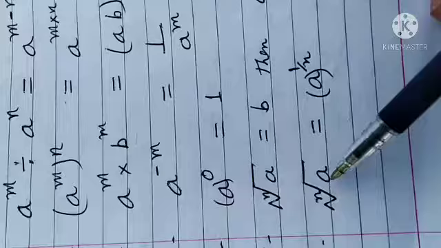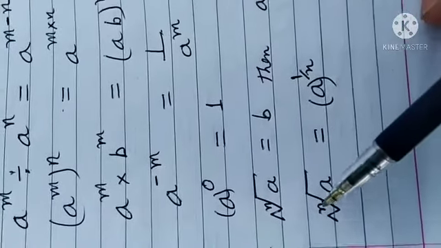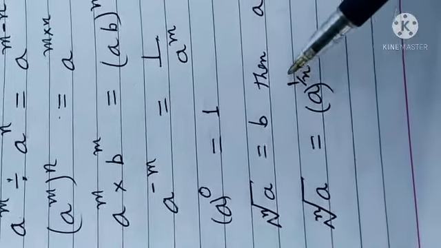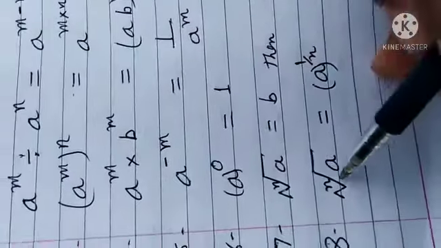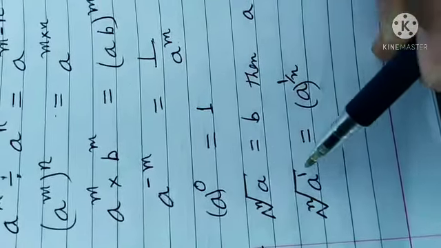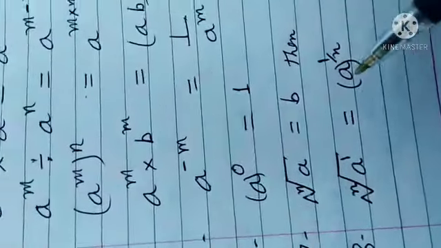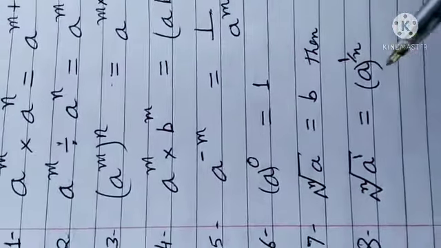Here a is under the root and this is n. Then remove the root and this power will be written in the form of 1 upon n. Suppose a to the power 1 inside, you can put 1 here. Then this is written as a to the power 1 upon n, and remove this root sign. Okay. So these are the important rules of laws of exponents for real numbers.